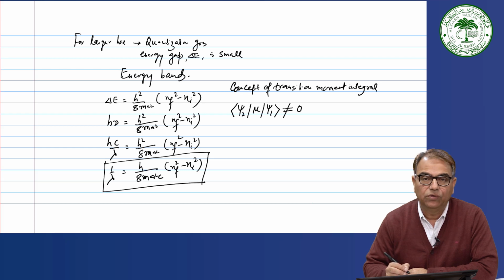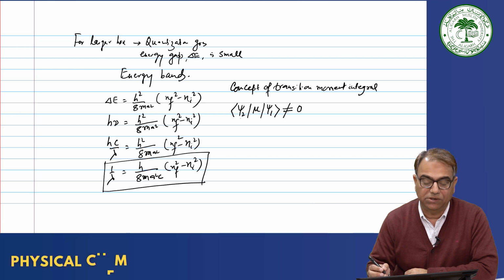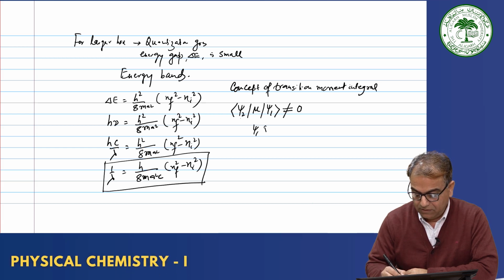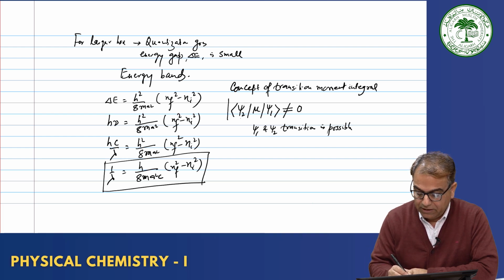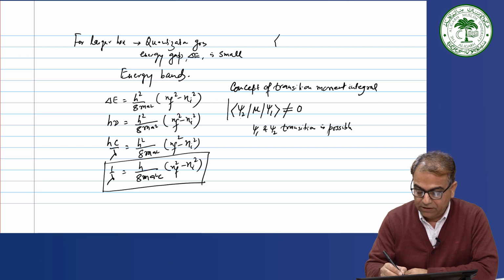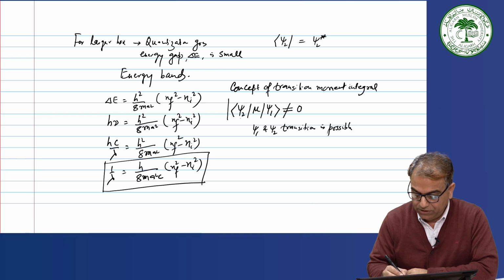And if this is not equal to 0, then transition between psi 1 and psi 2 is possible. So the transition moment integral, and this I am sure we have done already. Psi 2 is the bra, and this is essentially psi 2 star. Here we have the real wave functions, we do not have the imaginary part, okay, and then where mu is the dipole moment operator.